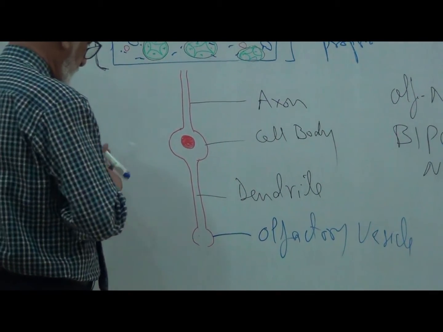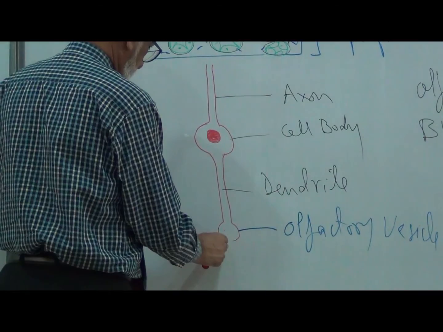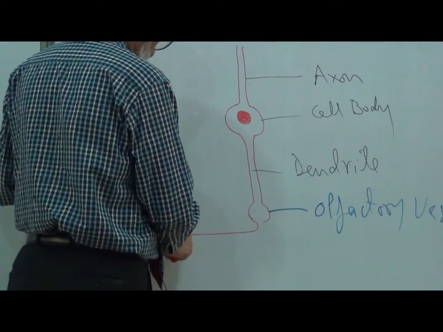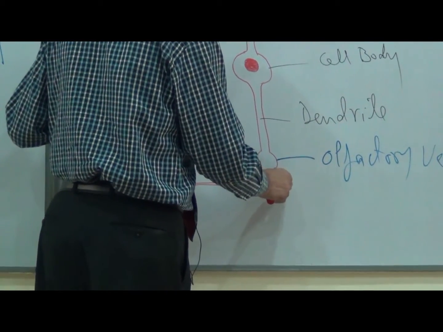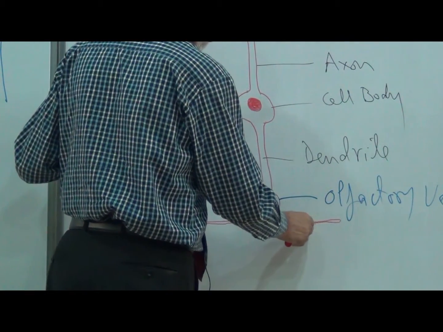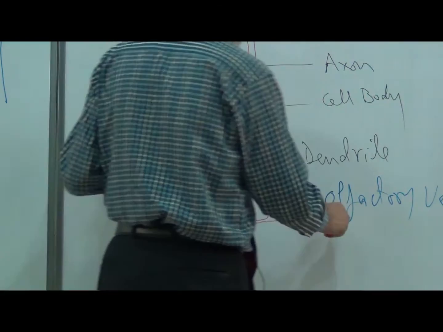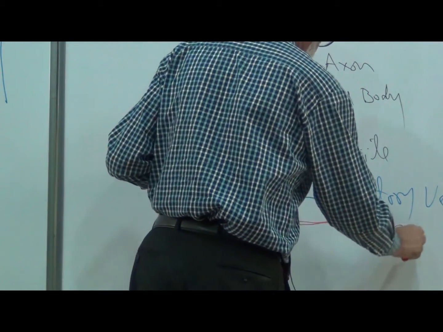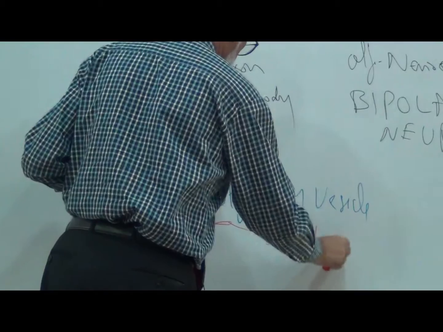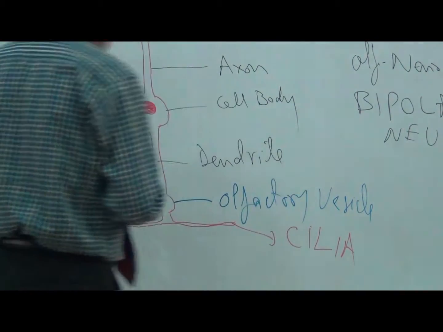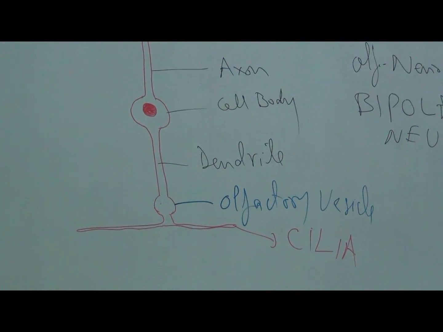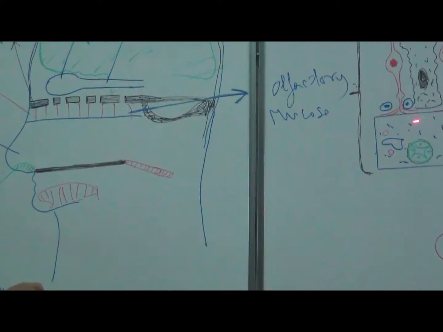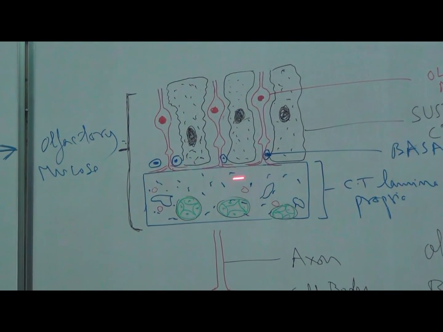Then from the olfactory vesicle, cilia arise, fine cytoplasmic processes. These cilia run parallel to the lower surface of the olfactory mucosa.